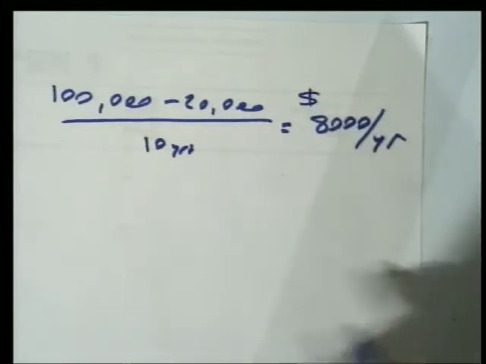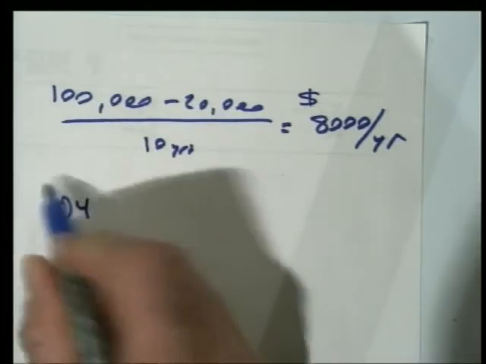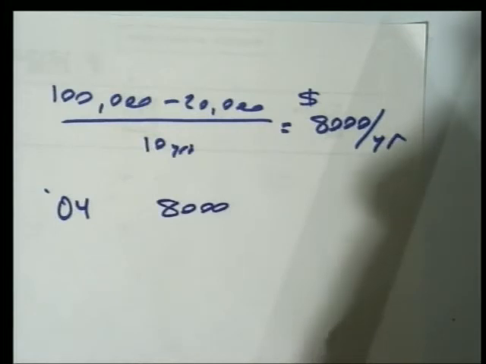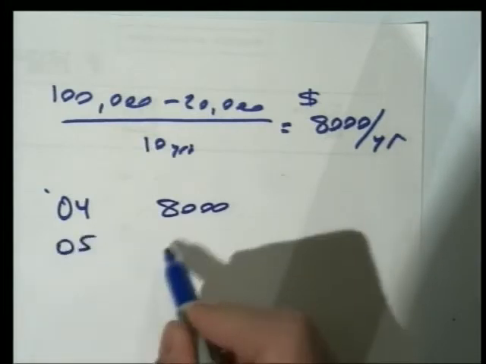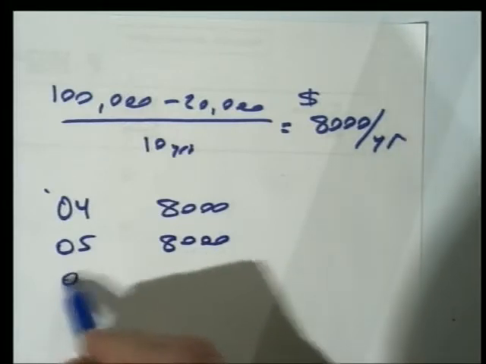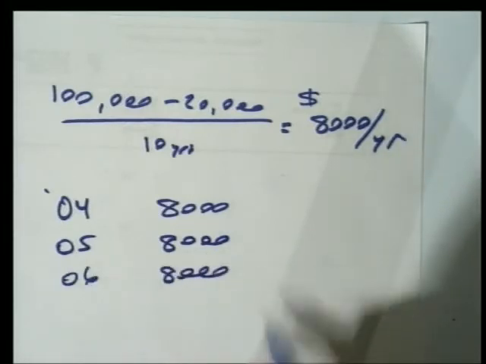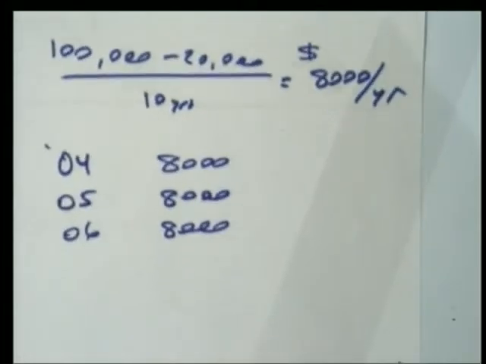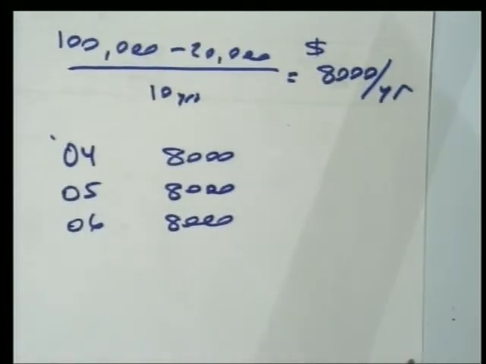All right. Well, thus in 2004 we depreciated $8,000, right? In 2005 we depreciated $8,000. In 2006 we depreciated $8,000, right? Now, what is the first step in disposing of an asset? You're going to update the depreciation. Now, we're selling it on September 30 of 2007, correct?